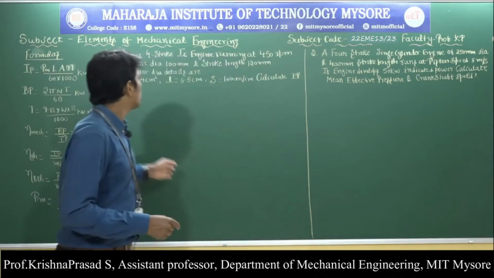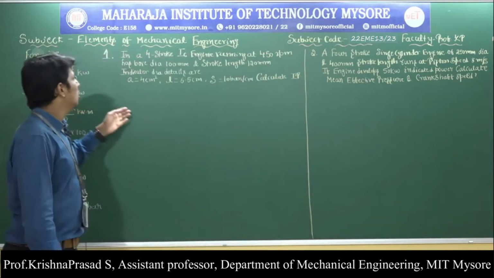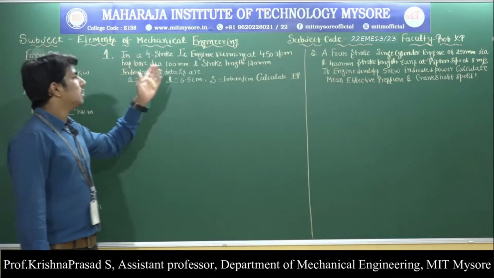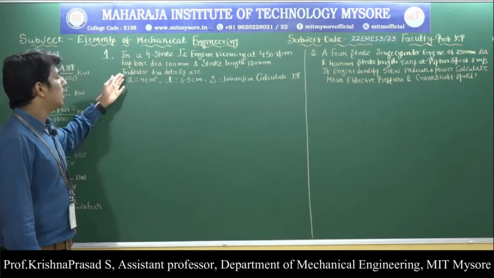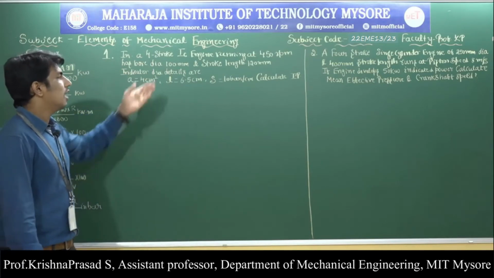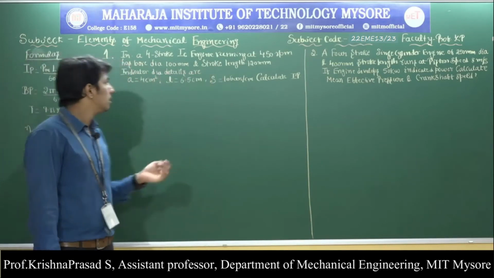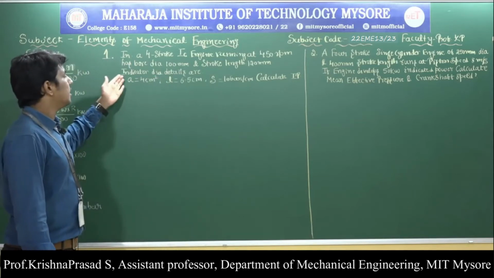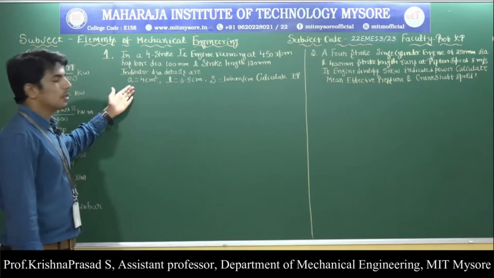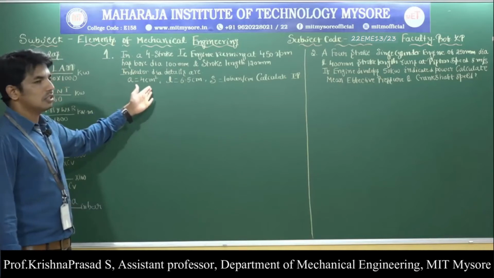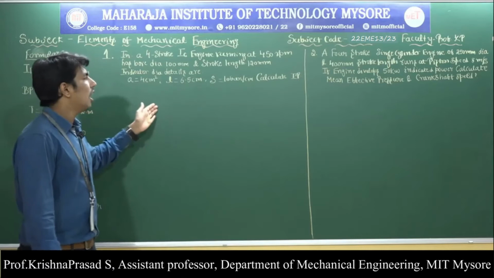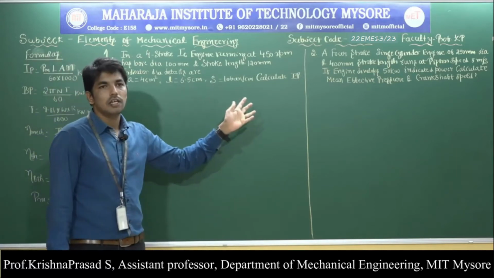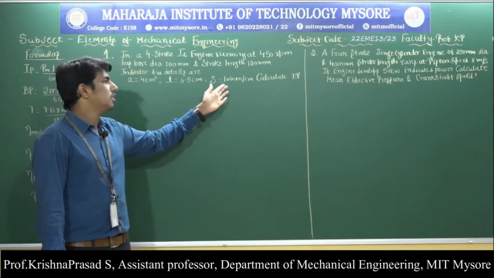Under that, the very first problem is: a 4-stroke internal combustion engine running at 450 rpm has a bore diameter of 100 mm and a stroke length of 120 mm. The indicated diagram details are: area of the indicated diagram 4 cm square, length of the indicated diagram 6.5 cm, and spring value of the spring used in the indicated diagram 10 bar per centimeter.